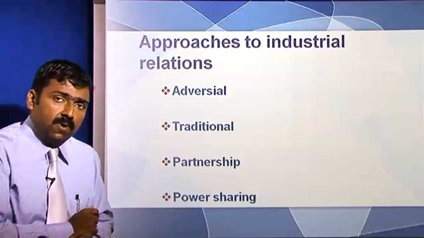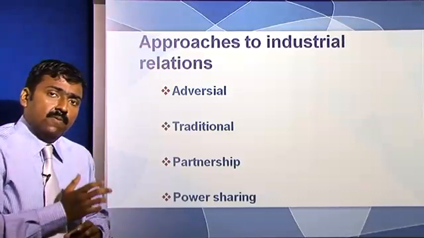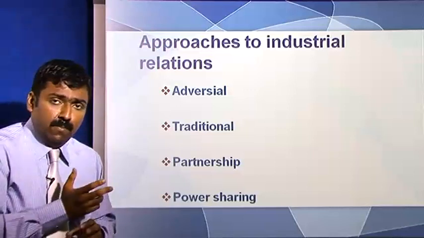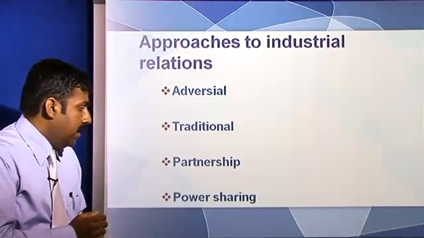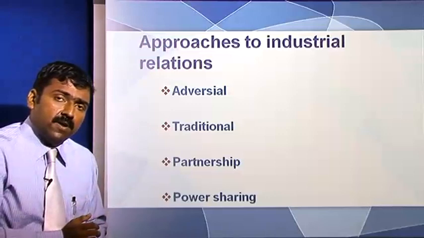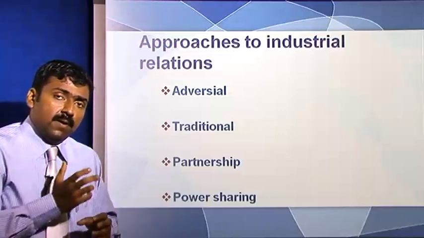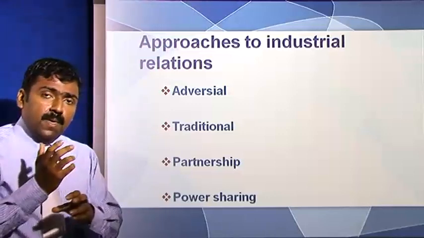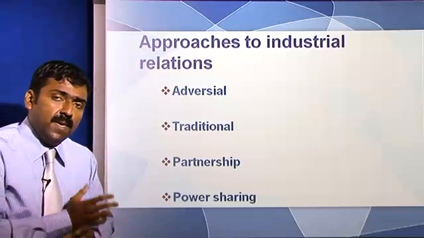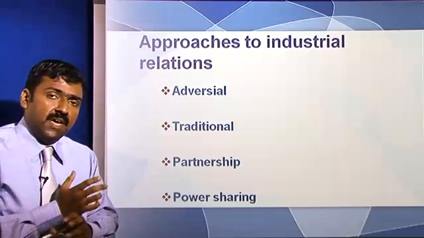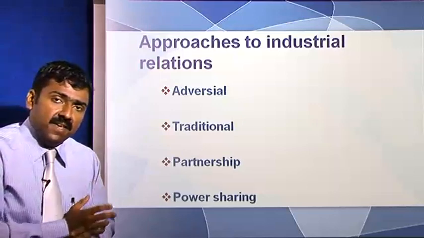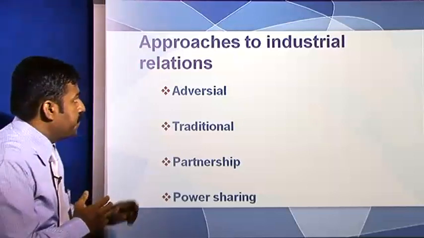Now, partnership: there is a healthy relationship. Feedback is obtained, but still the employer takes the final decisions. And power sharing is the ultimate form, wherein decisions are taken by the employer in consultation with the employees. There is power sharing, wherein employees have a say in issues which affect them.